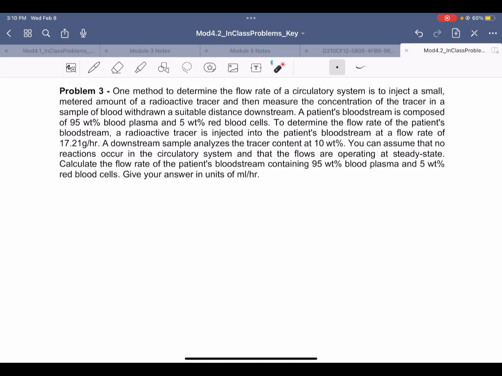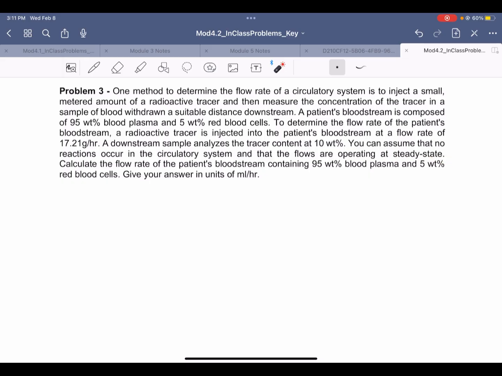We know that later the physician took a sample downstream from where the radioactive tracer was injected, and the tracer content at that point is 10%. We can assume that no reactions occur, therefore everything is conserved because nothing is generated or consumed, and that the flows are operating at steady state, meaning that everything should be equal to 0.